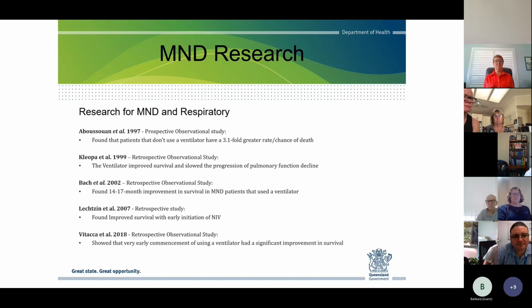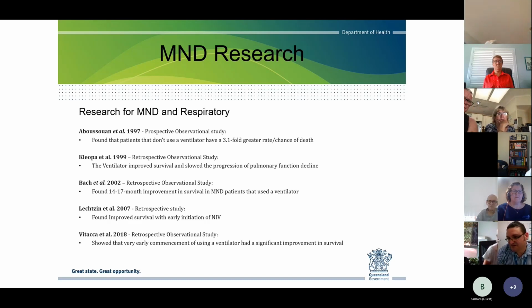This started back in 1997 with the Abusin crew, and they found that patients that don't use a ventilator have a 3.1-fold greater chance of death. So then we started going, all right, these ventilators might be helping here. Two years later, the Cleopa group did a retrospective observational study, and they found the ventilator improved survival and slowed the progression of pulmonary function decline.